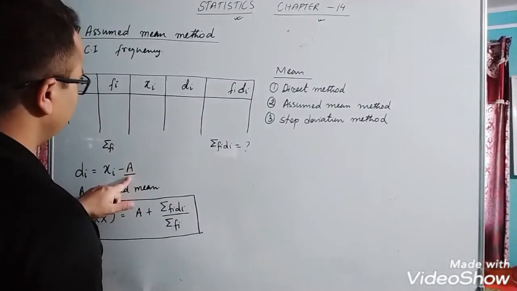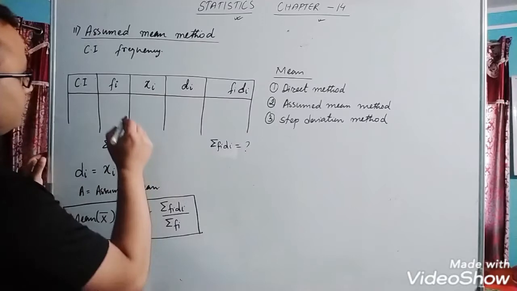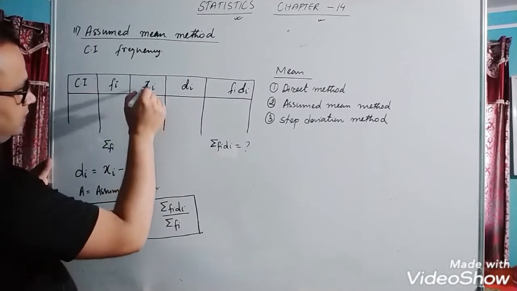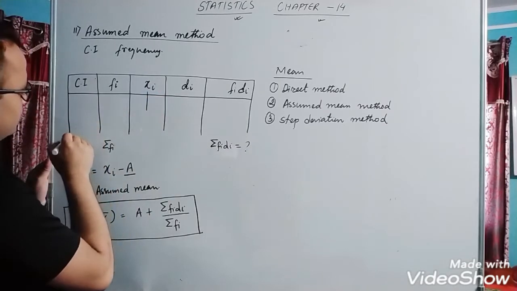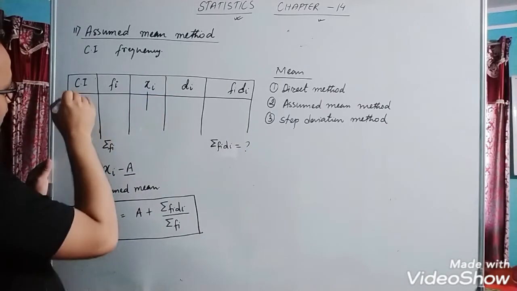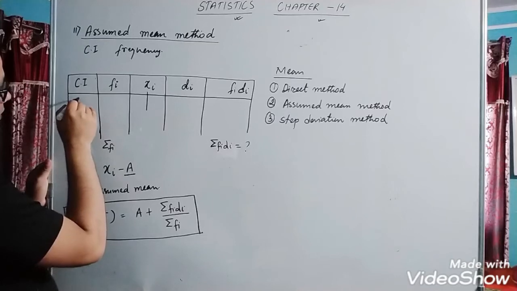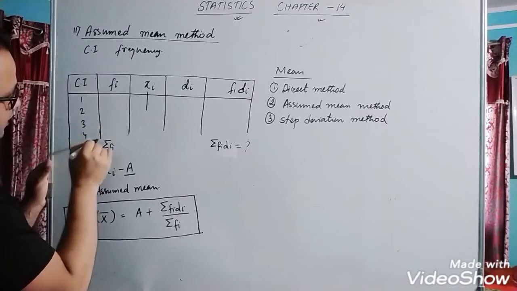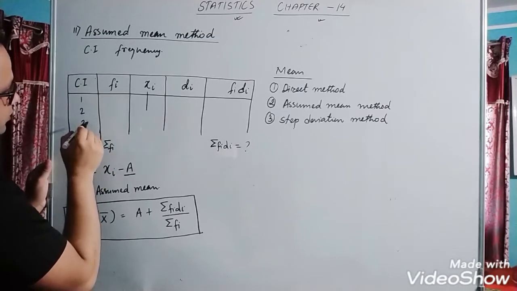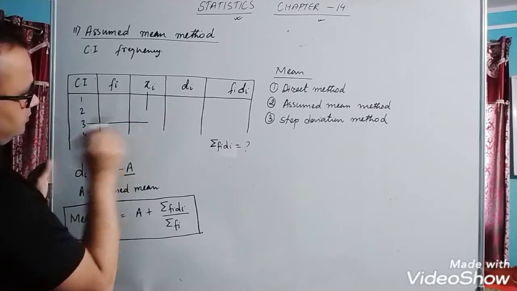A is assumed from the middle of these values. Suppose in class interval there are 5 intervals, 1, 2, 3, 4, 5. We will select A from the third.